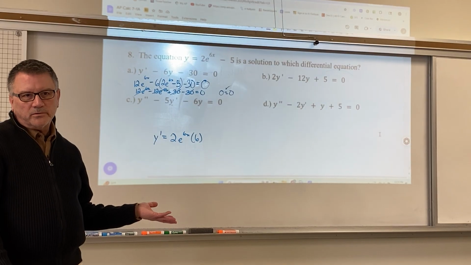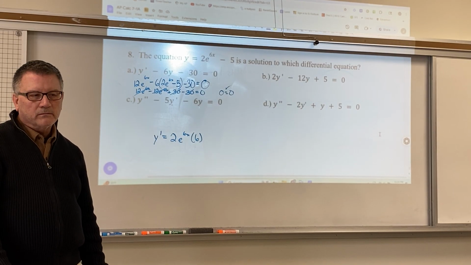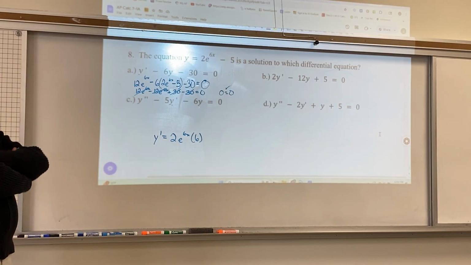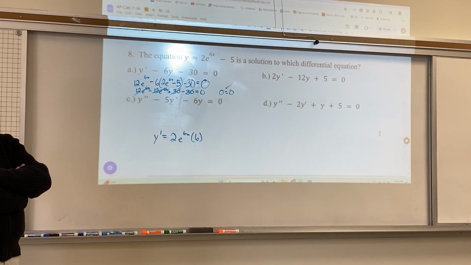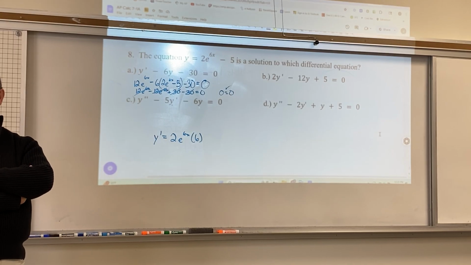Count on one multiple choice like this. Will we have to test every single solution, or is there a shortcut? If it's multiple choice, as soon as you find the answer, that's it.